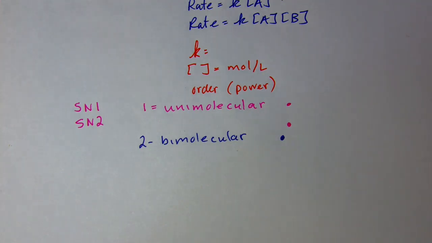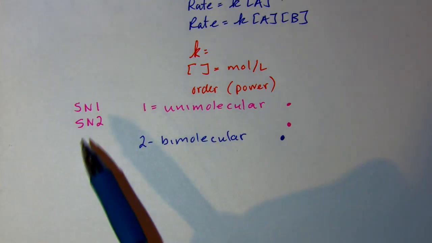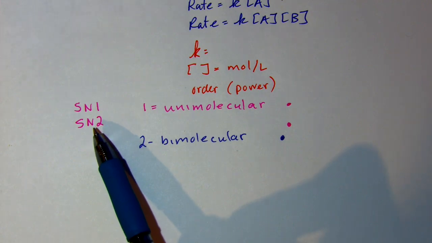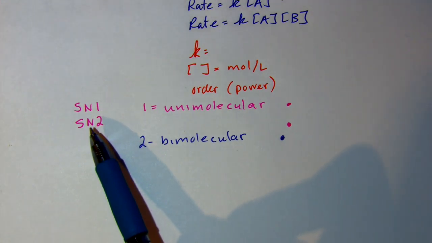So both SN1 and SN2 reactions are complicated. And so one is not any easier than 2, and they are not in any specific order. You don't have to learn these first before you learn SN2 reactions.